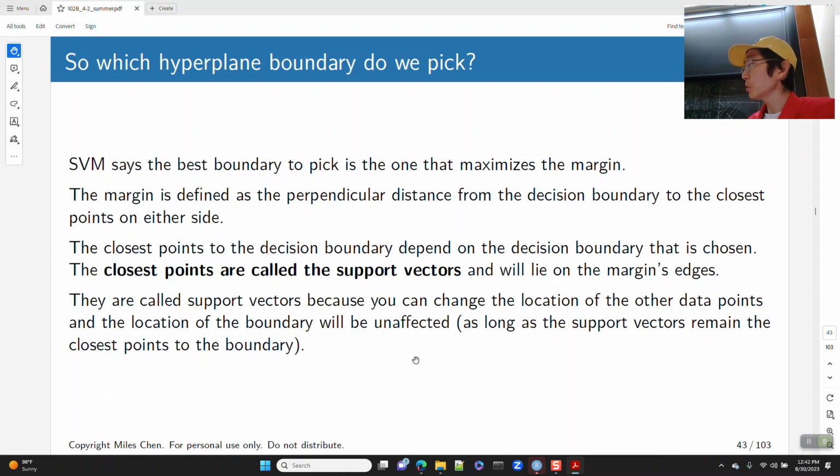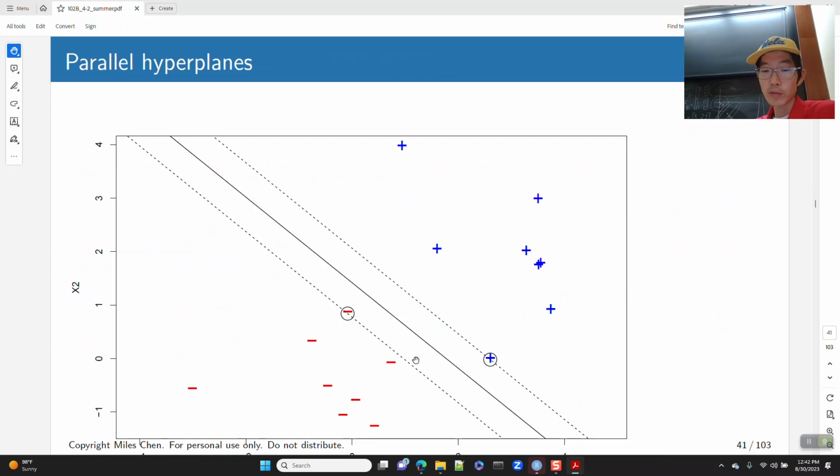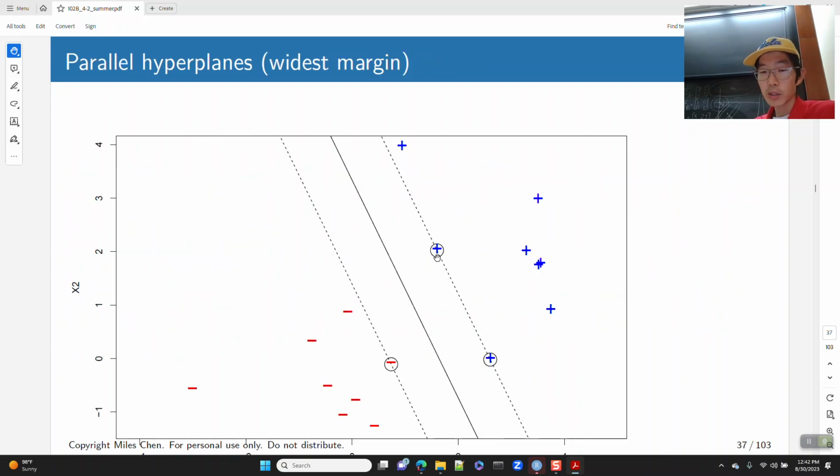The closest points to that decision boundary are called the support vectors, right? And they are called support vectors because technically once you have determined that these 3 points are the points that define this boundary, you can add or change any of the points out here. You can add more blue points.